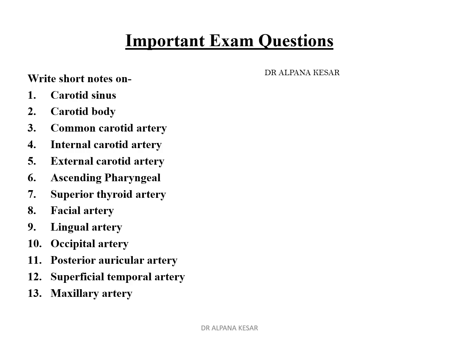From the topic blood vessels and lymphatics of the neck, some of the questions that can be asked in the examinations include short notes on carotid sinus, carotid body, common carotid artery, internal carotid artery, the extracranial course, external carotid artery.